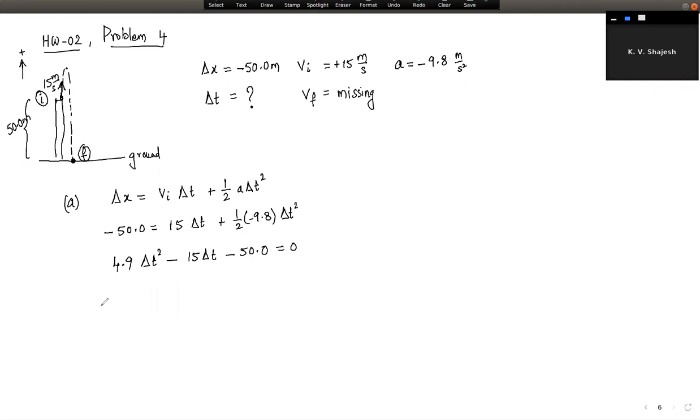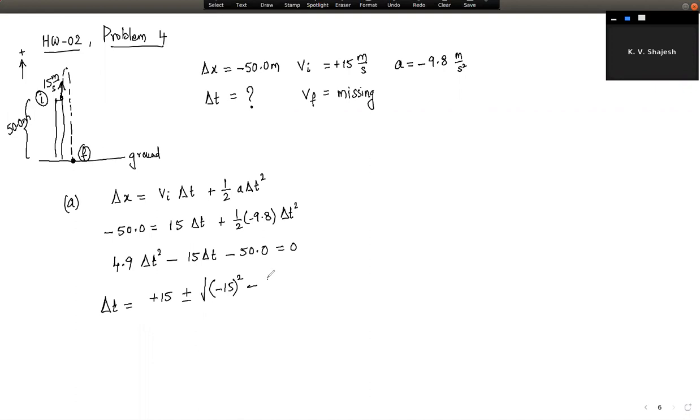That's a quadratic equation. So delta t is equal to minus b, so that makes it a plus 15, plus or minus the square root of minus 15 squared, that's b squared, minus 4ac.